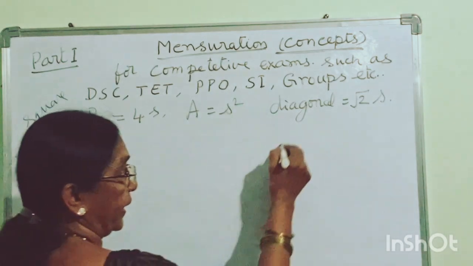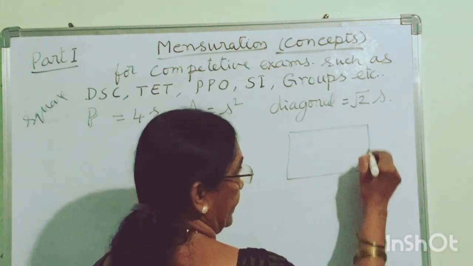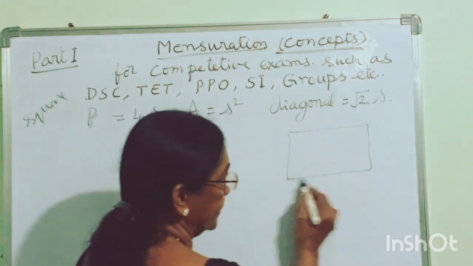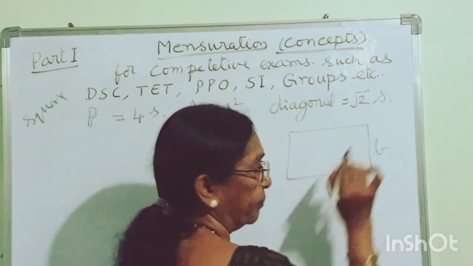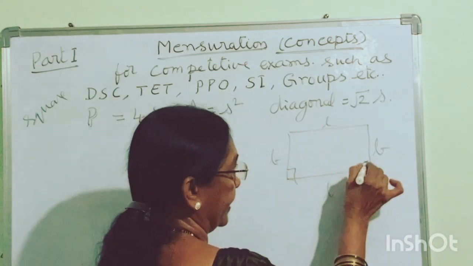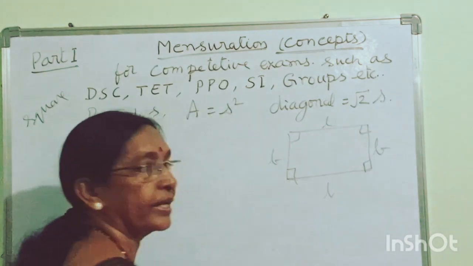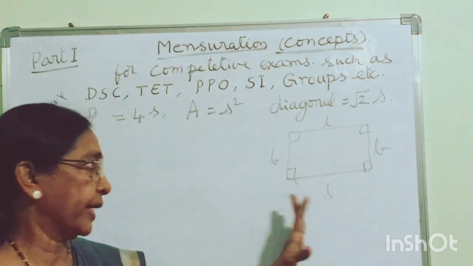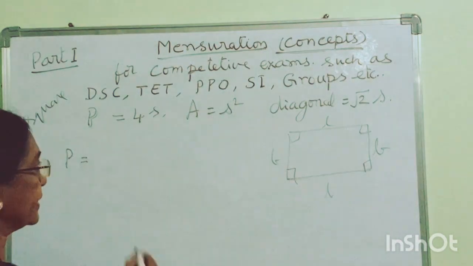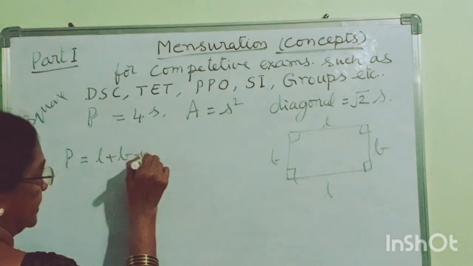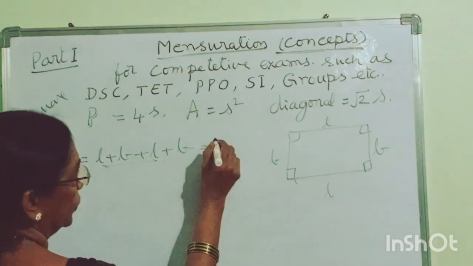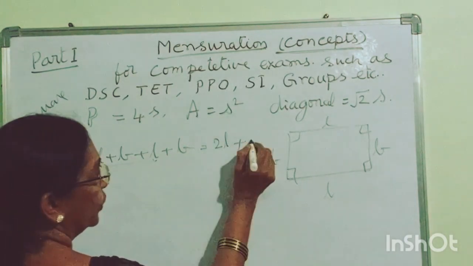So now coming to the rectangle. A rectangle has opposite sides equal. This side is called the length and this is called the breadth, and this is also the length, equal, and this is the breadth, and the angles are each 90 degrees. This figure is called the rectangle. The perimeter of a rectangle is equal to the sum of the sides, L plus B plus L plus B. So there are two L's, 2L, plus B plus B, 2B.